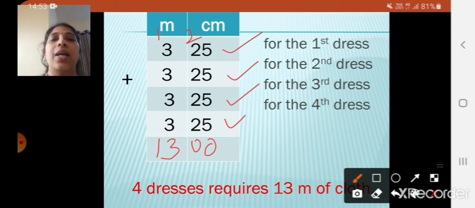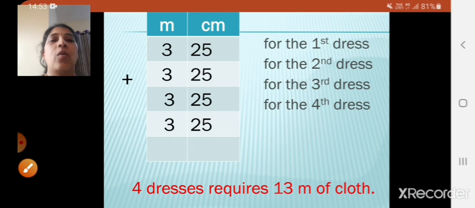So you got the answer again as 13 meter, right? So 4 dresses require 13 meter of cloth. So whichever method you use, either multiplication or addition, children, you will get the same answer. Now you have to decide which method you want to follow, right?